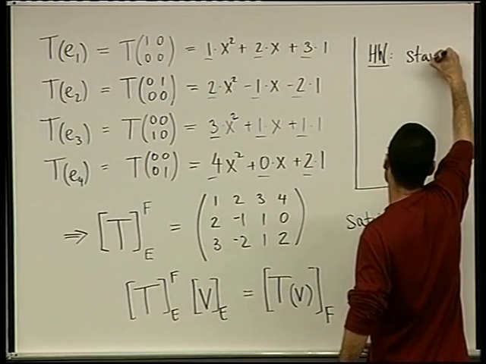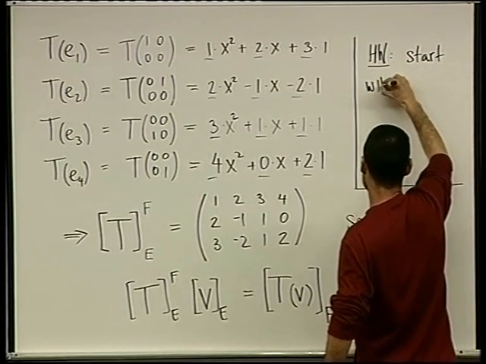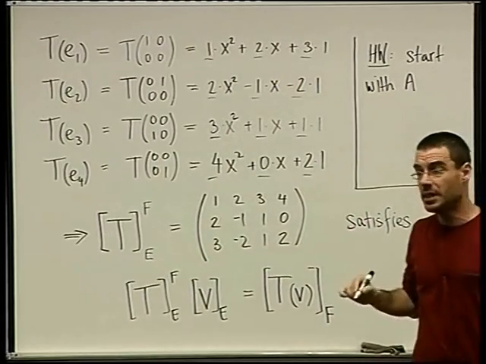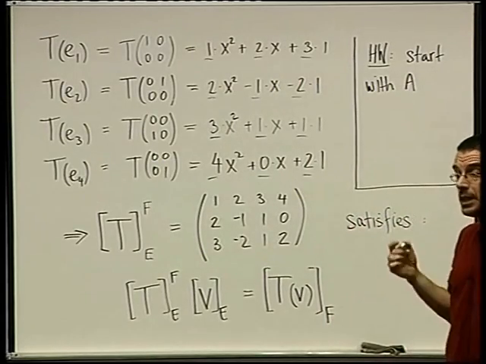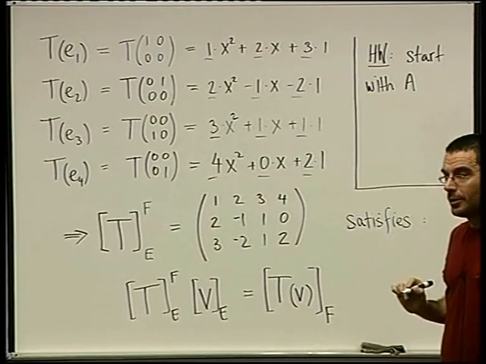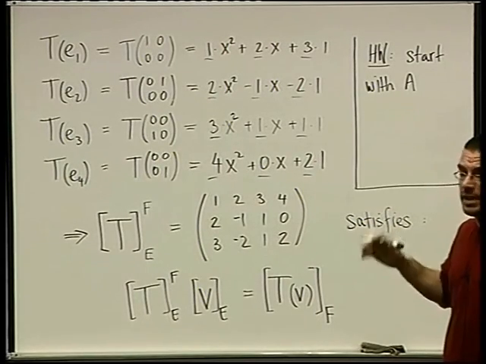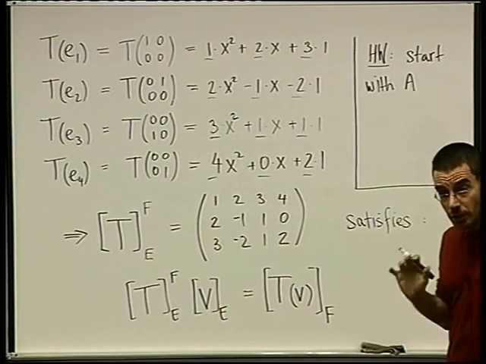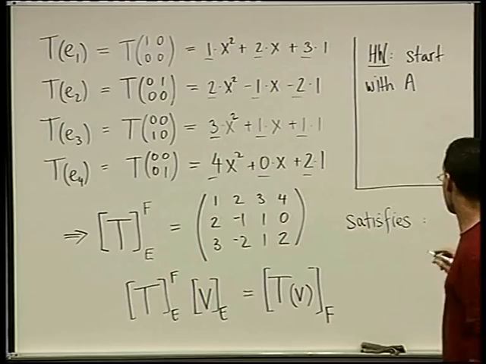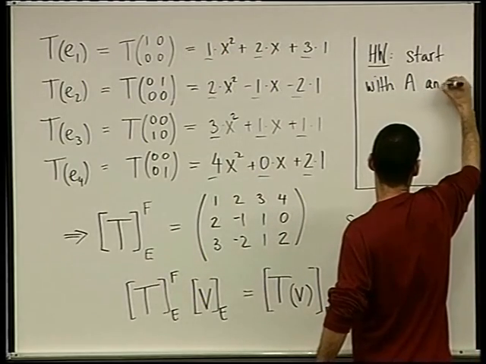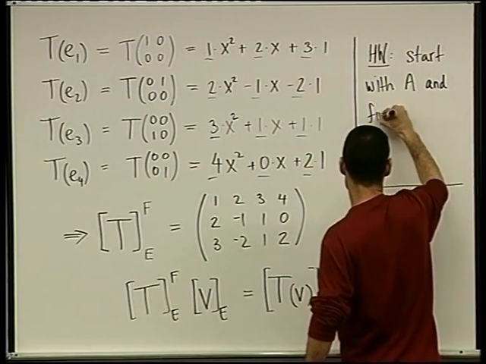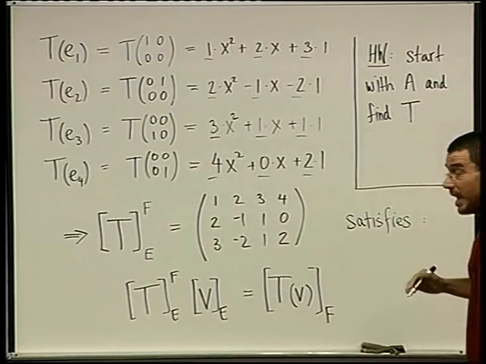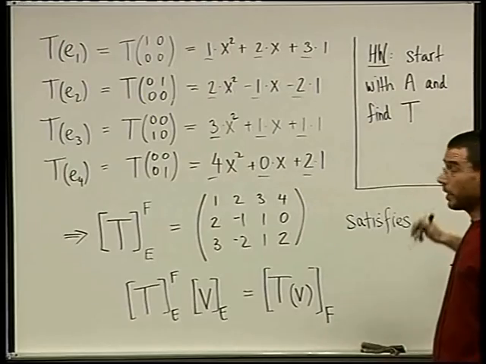Start with any A. Choose your favorite matrix. Don't choose a 17 by 35 matrix. That would be too long. Choose your favorite 3 by 4 or 2 by 3, or choose your favorite matrix and find T, and you have to find what T goes from where to where.